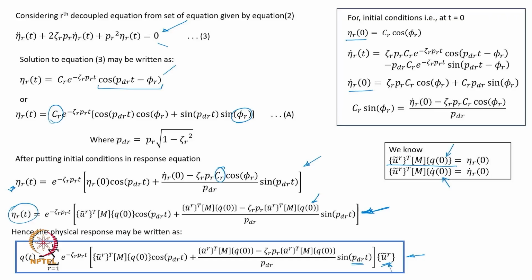You can find out what is PR, and by using the modal damping ratios zeta r, you can find out all the parameters which are involved in this expression. Okay. So, this is q dot naught, that is the initial velocity. So, practically everything in the expression is well defined and known. What you need to do is to substitute the appropriate t value to get the q value at that time t.